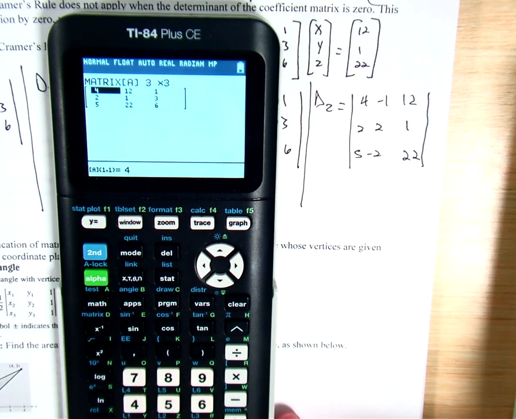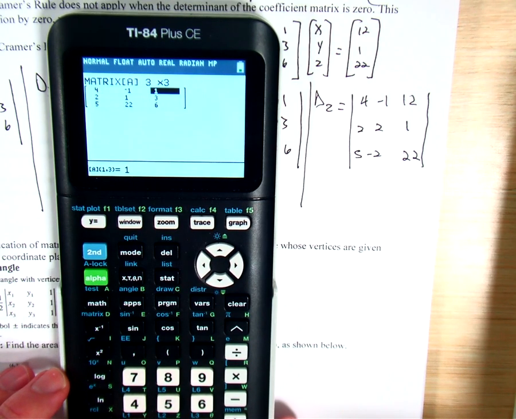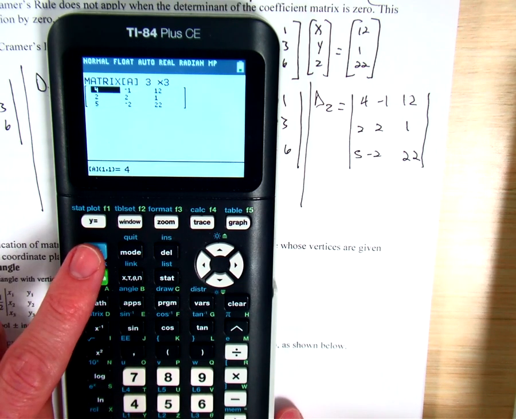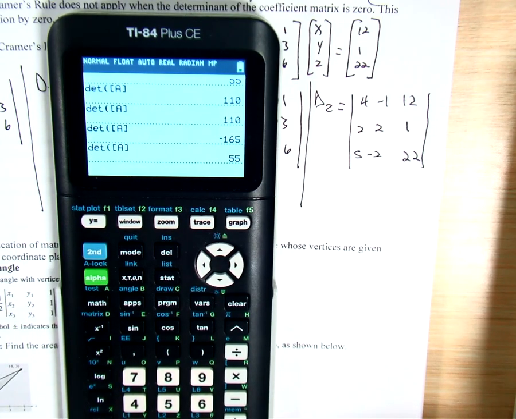And again, we're changing two columns, so we might as well just type them all. 2, 2, 1, 5, negative 2, 22. Second quit, second enter, 55.